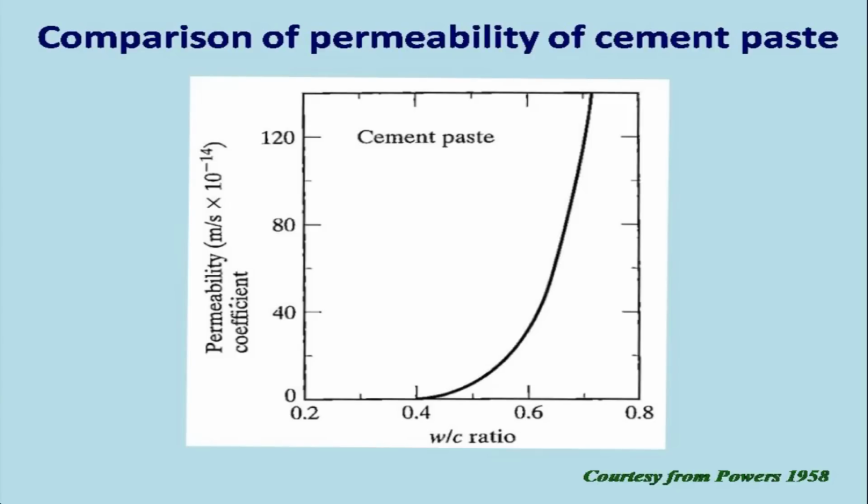What you find is an exponential relationship: as water to cement ratio increases, the permeability substantially increases. At the initial stage it is very slow, but later on it suddenly increases steeply, especially between 0.5 and about 0.6 or 0.7.